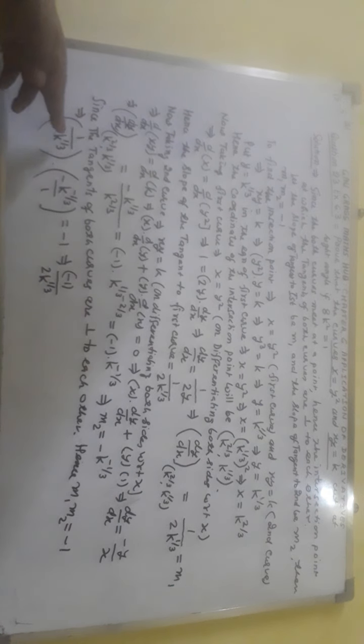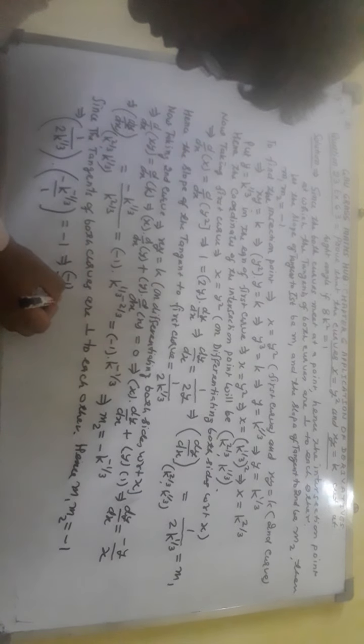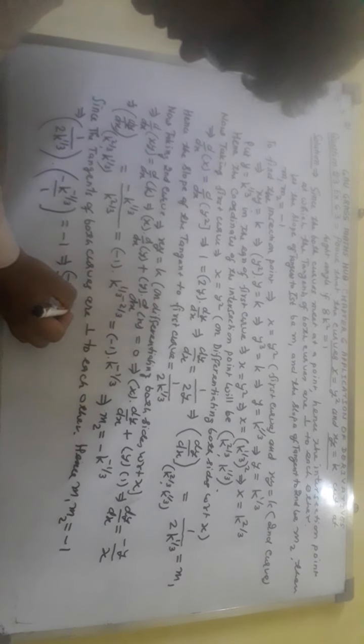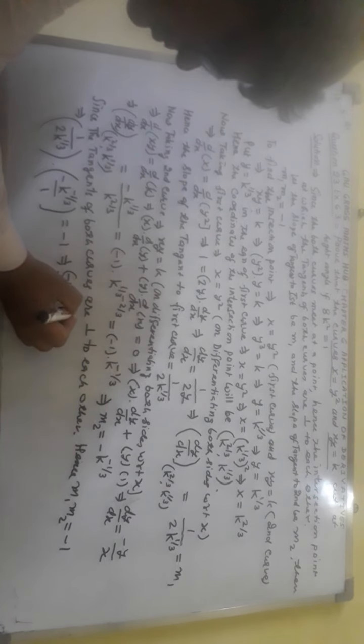Here you will get minus 1 over 2k raised to the power 1/3, into k raised to the power minus 1/3 over 1. This thing we have got equal to minus 1. This one will be cancelled out.